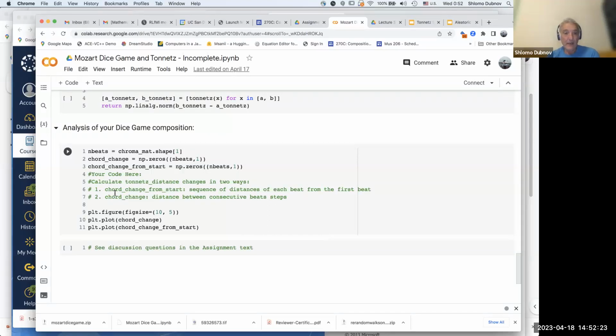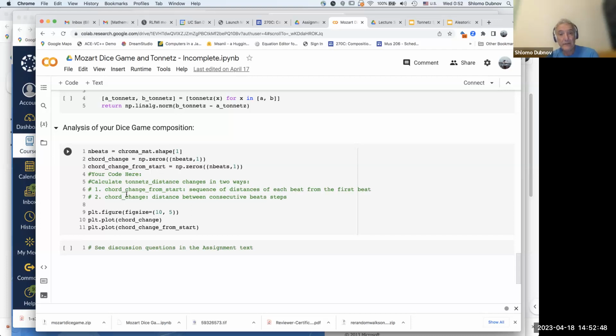One is what we call chord change, but basically this is the Tonnetz distance from start to end in 2 ways. One is every time relative to the first beat, or the first segment, first Tonnetz vector.